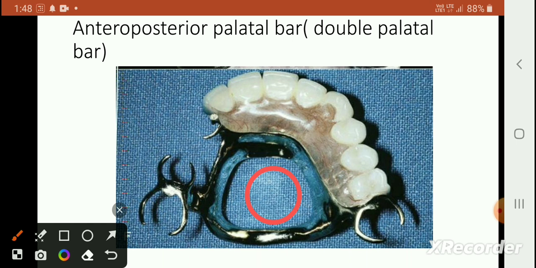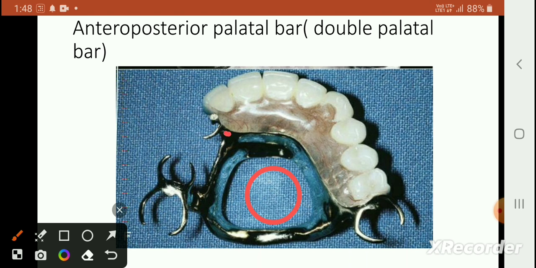Why is it known as a double palatal bar? Because a bar is present here, and also here. So a double palatal bar, or anterior posterior palatal bar, is present. Now the anterior bar is narrower than the width of the palatal strap.